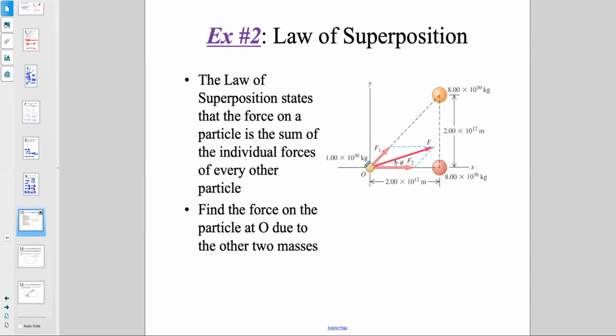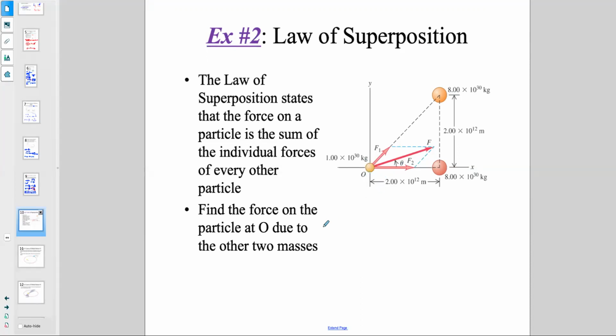My particle at the center is experiencing 2 individual forces, F1 in this position and F2 in this position. These 2 forces are vectors and will have a sum, which I can show with vector F here, and this vector F is the actual force that my particle at the center will experience.